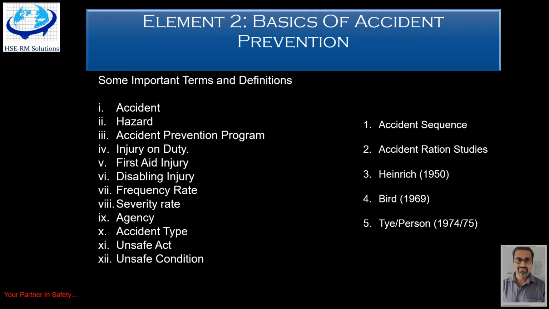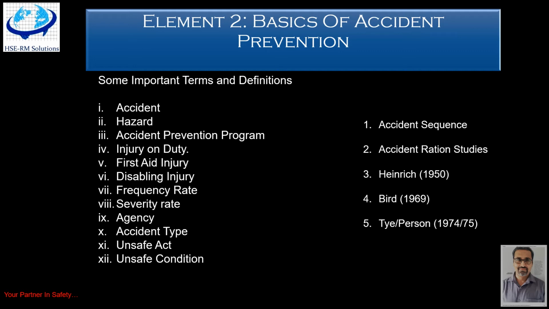So if a worker is injured during the working hours and he is made unfit to work by the doctor or first aider, and he is not able to attend his duty till the end of his shift, such an injury is a disabling injury. Correct. If you take a simple example, permanent total disability.